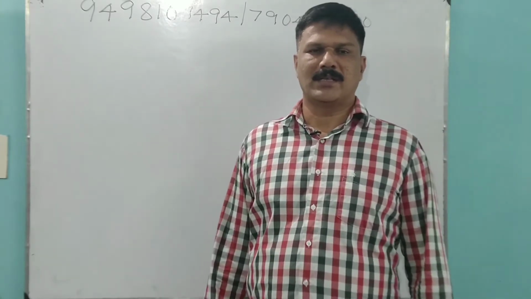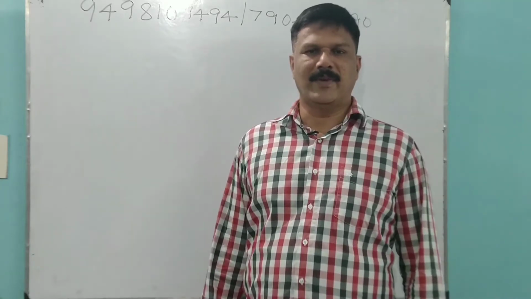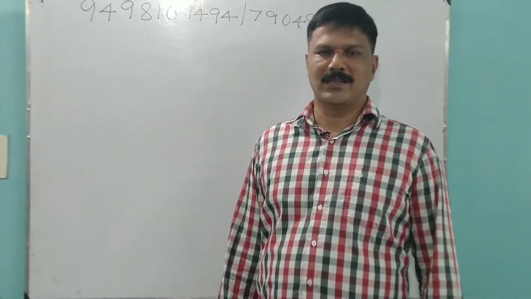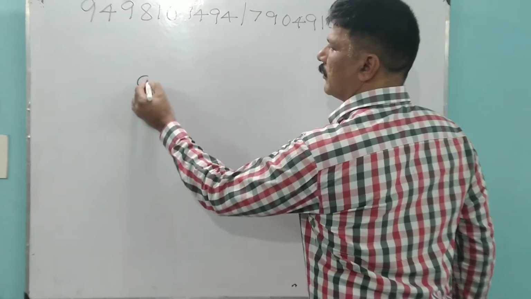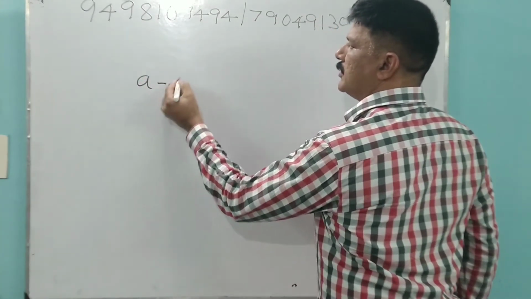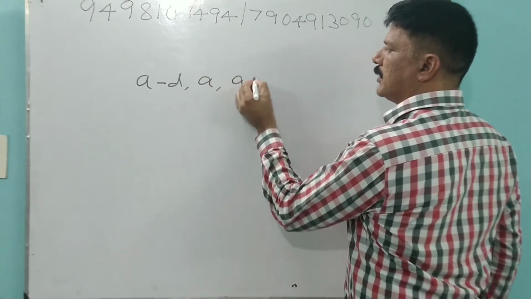Today we have to see AP, 10th standard, second chapter. If the sum of three consecutive terms is given, then we take the three terms as a minus d, a, a plus d.